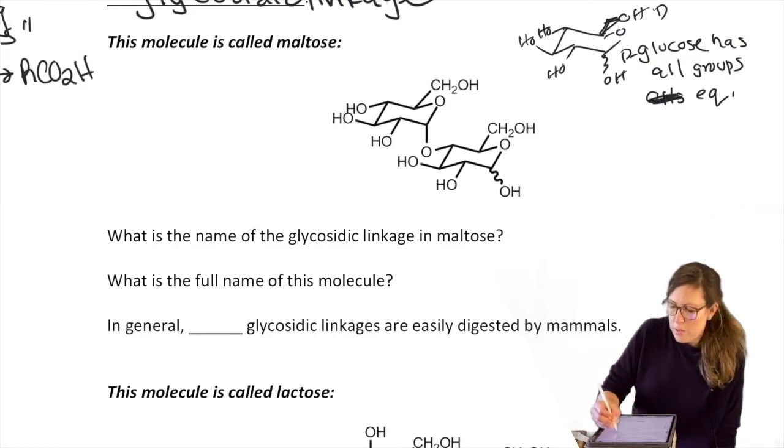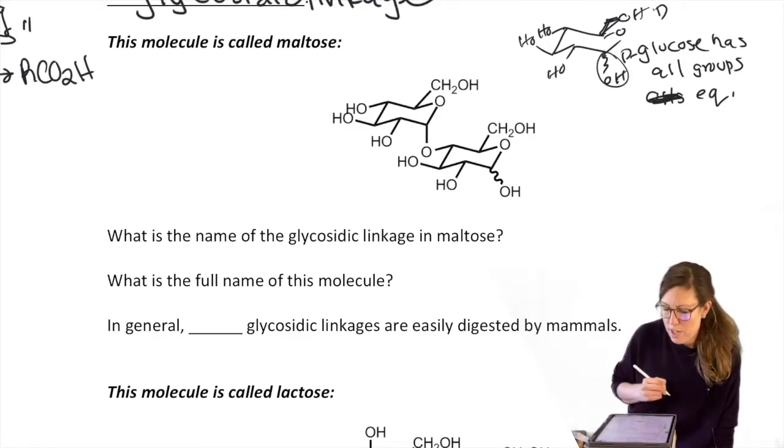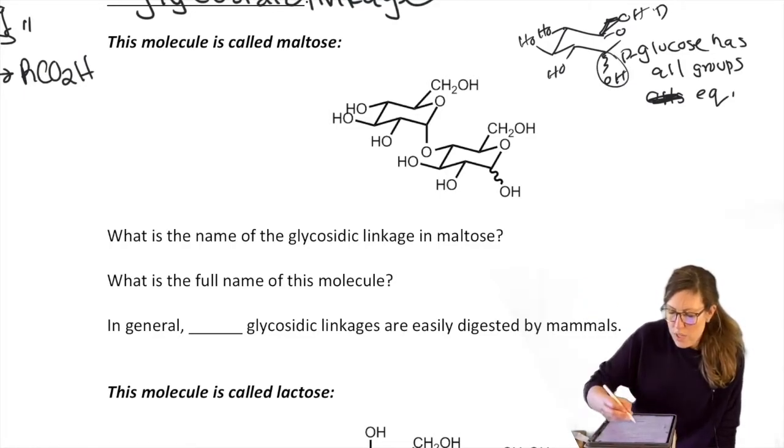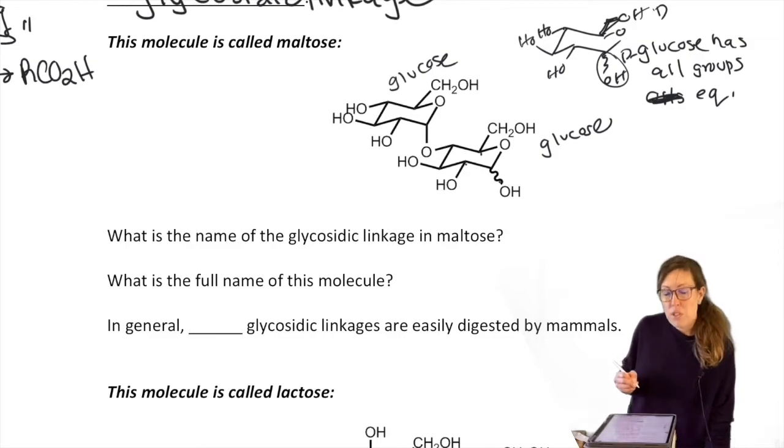And it's going to especially be equatorial if it's beta, because this is the only one that's variable. Okay, so we can see we have a glucose here. And then I have equatorial, equatorial, equatorial, equatorial, and then that's variable, so that's okay too. So I have a glucose here. So it turns out that maltose is made of two glucoses connected together.